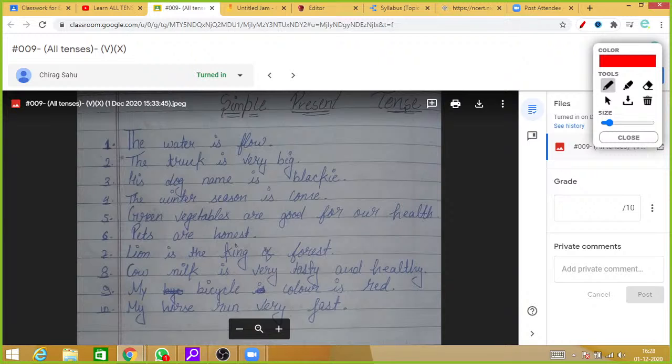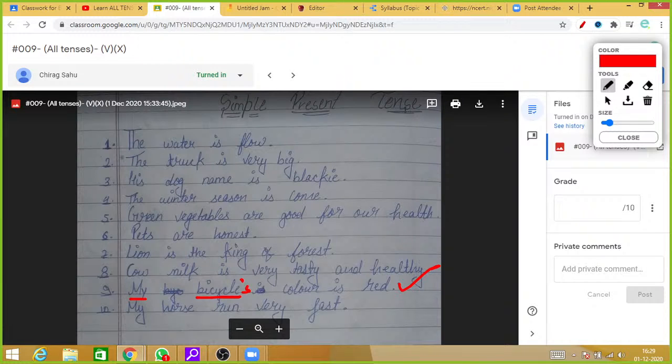Okay. Then the ninth sentence, my bicycle color is red. Now you tell me, are you talking about my or you are talking about bicycle here? What are you talking about, Ganesh? So what will happen to bicycle here? Yes, apostrophe S. Very good.